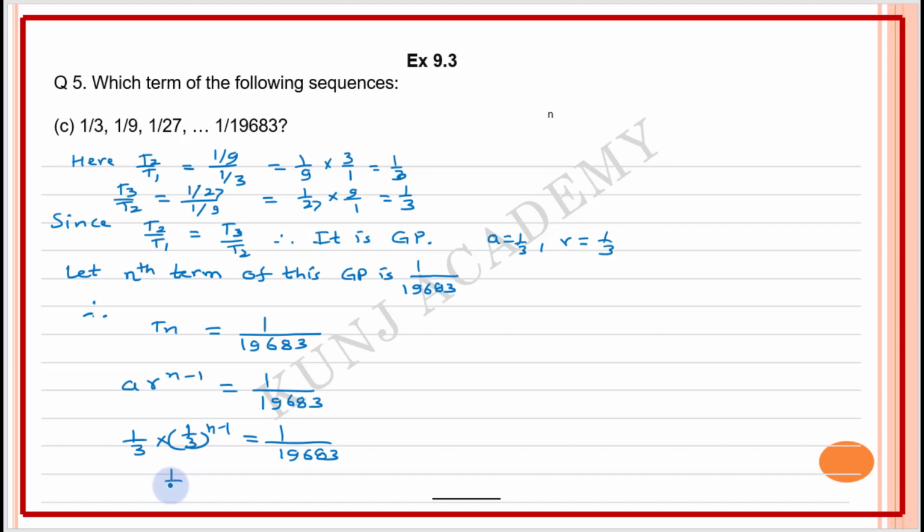So 1 by 3 power n minus 1 plus 1, that is n, is equal to, this can be written as 1 by 3 power 9. Therefore, n is equal to 9. Answer: the 9th term is 1 upon 19,683.